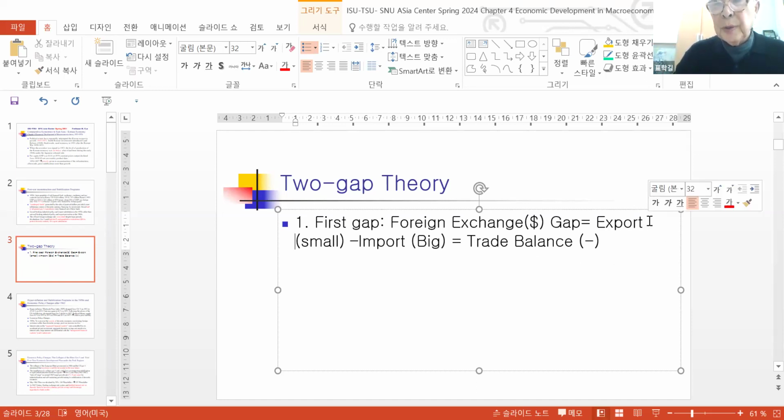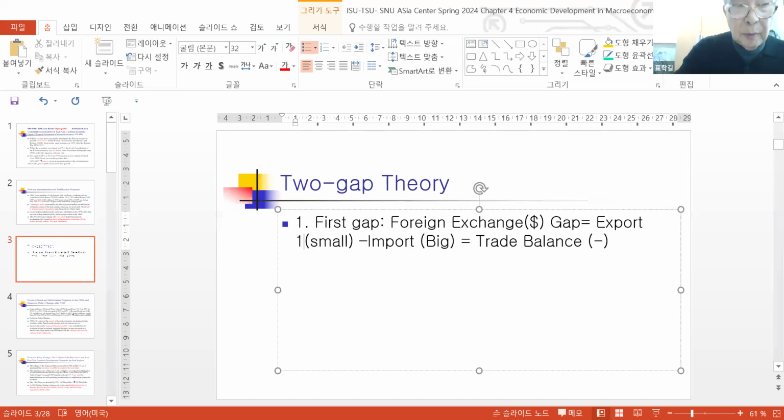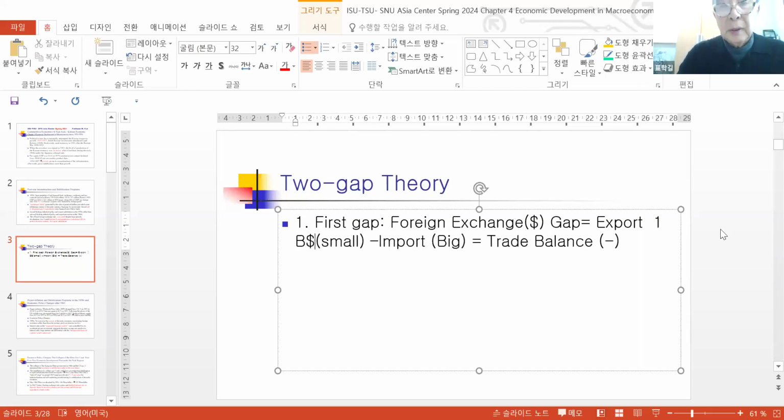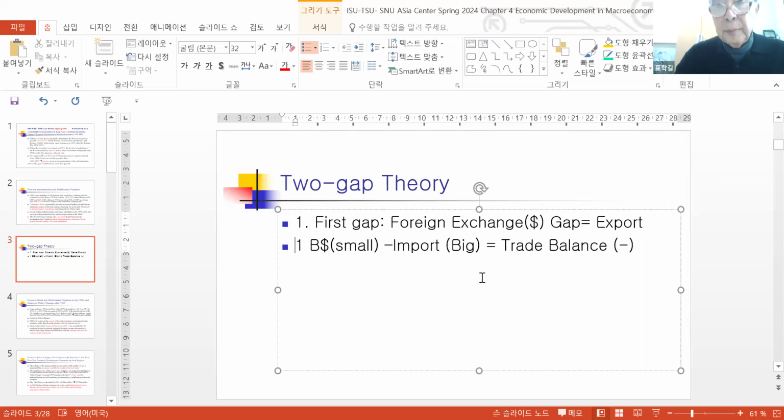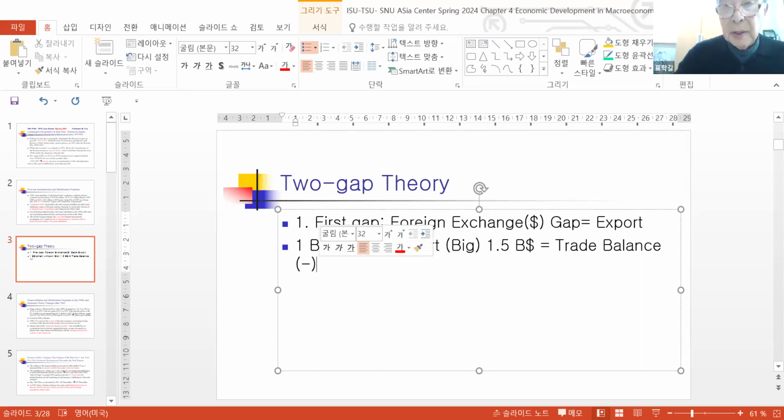Suppose export is $1 billion and import is $1.5 billion. Then the trade balance is minus $0.5 billion. Right?